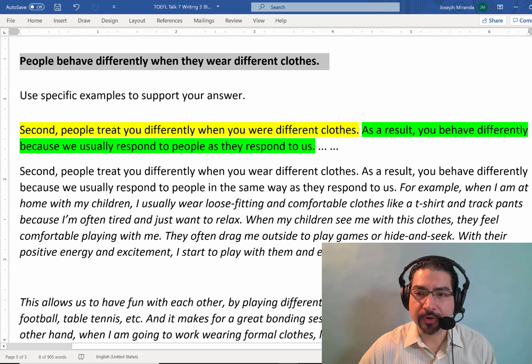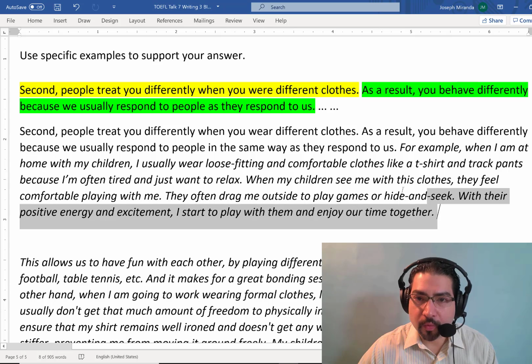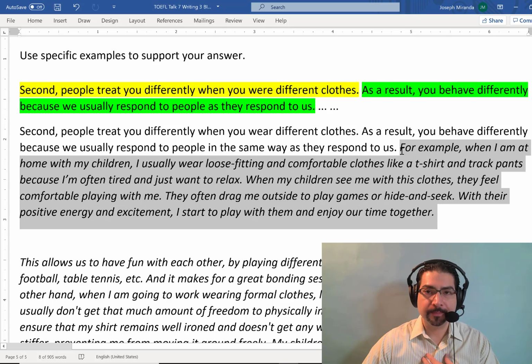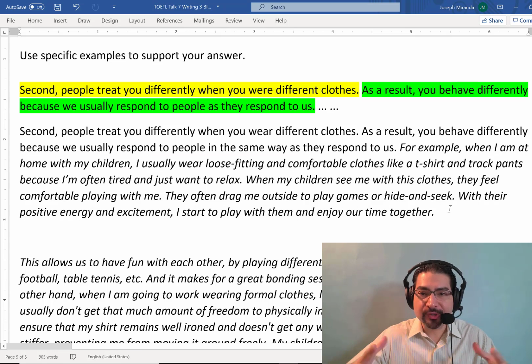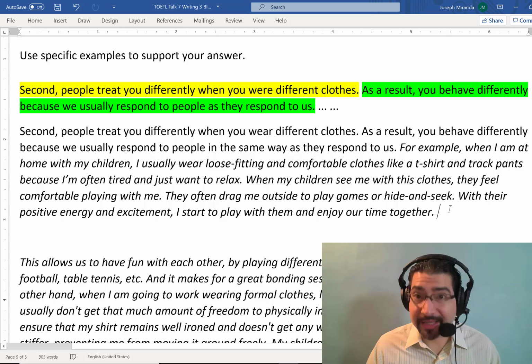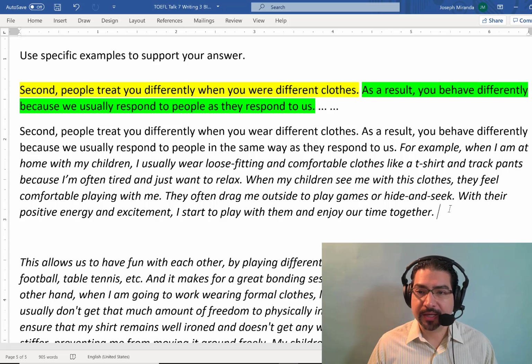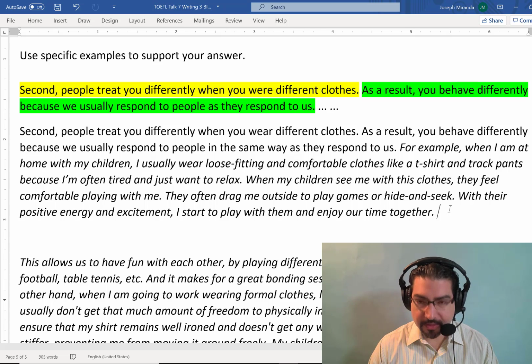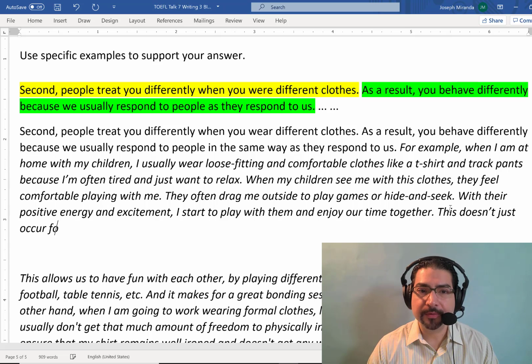And so when we go over here, we've used just me. So now I need to extend that, kind of extrapolate that to the world. So this doesn't just occur for me. This, and then we can say this is a phenomenon we all experience.